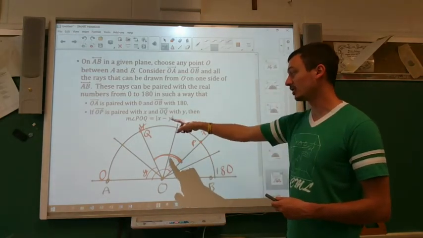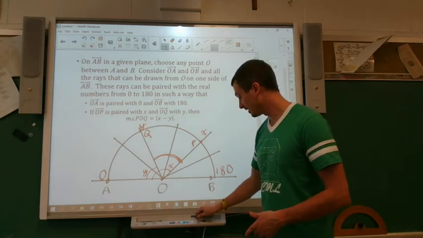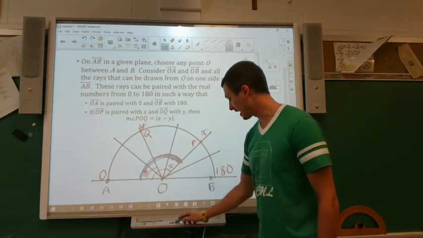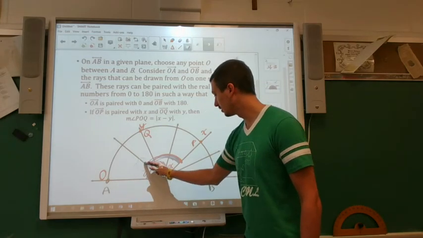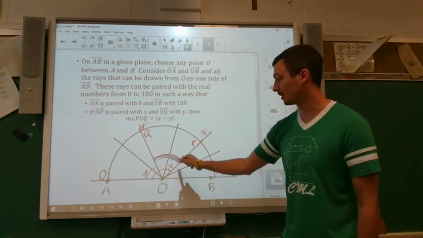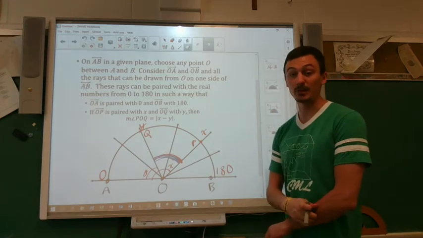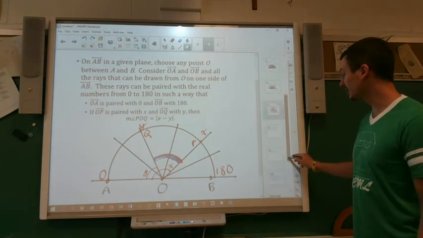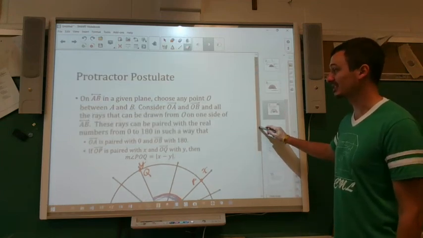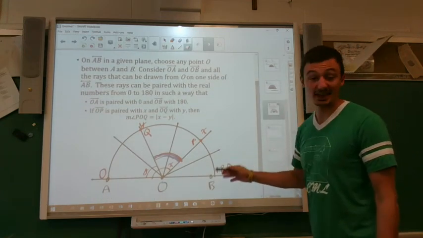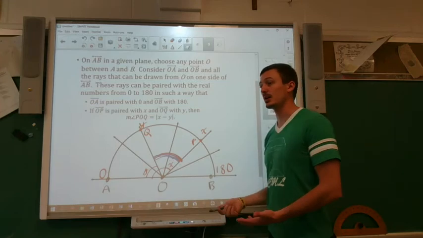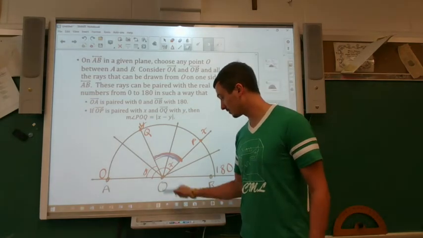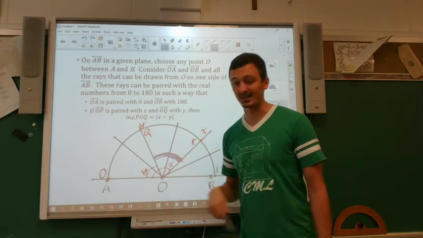Taking angle X minus angle Y is taking this whole angle and subtracting the part that is Y, and you're left with just the measure of angle POQ. And that's really all the protractor postulate says. It talks about how to set up a protractor, and it talks about how to get angle measures from two given angles. In this case, angles X and Y.